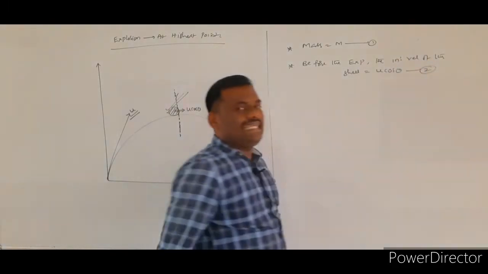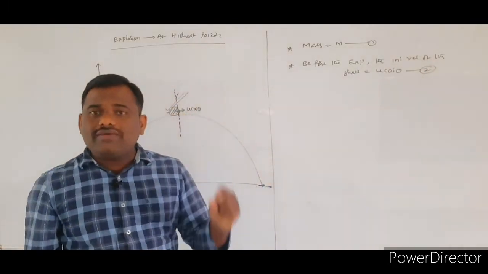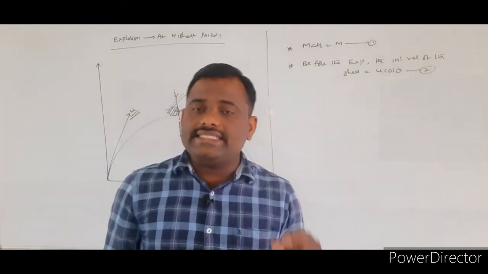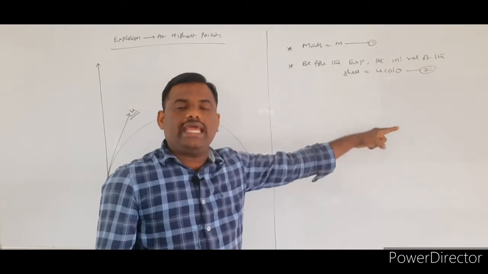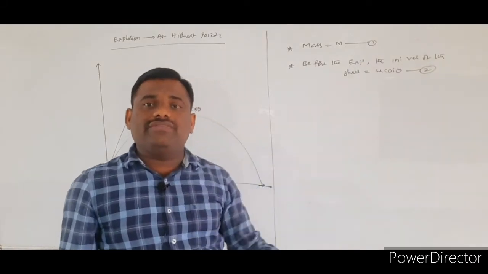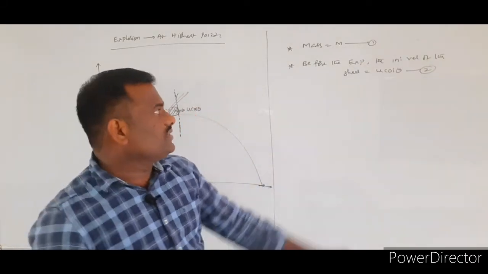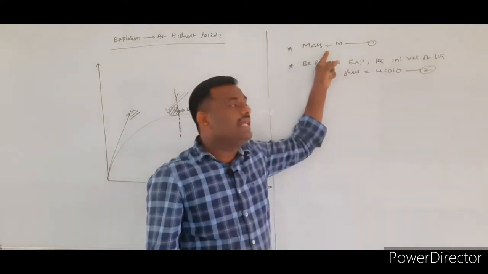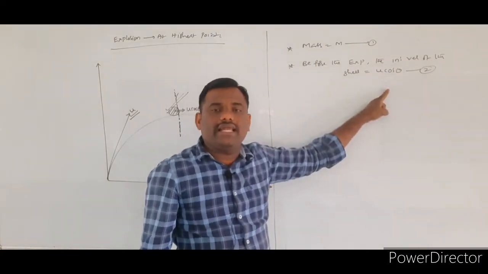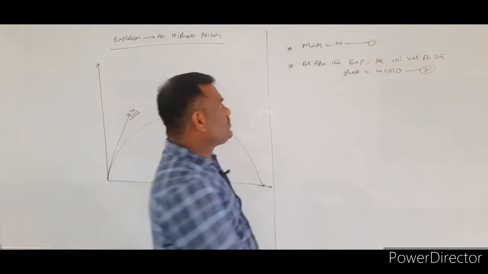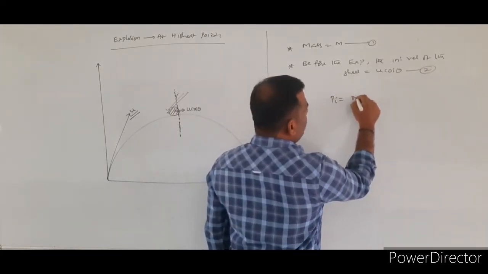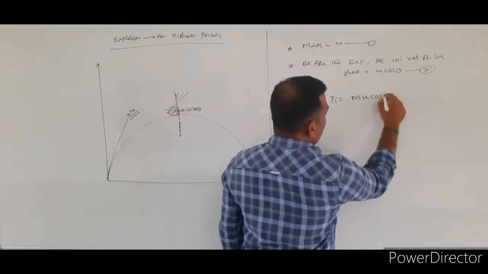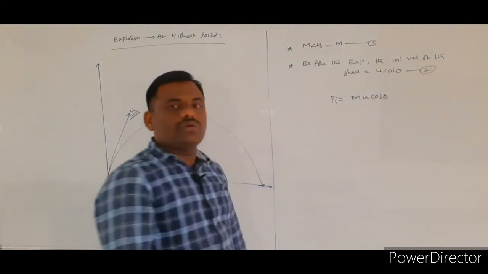Whatever velocity was present just before the collision at the highest point, that only we have to take as the initial velocity of the shell before the explosion. You know the mass of the shell and its velocity just before the explosion, so the initial momentum of the system is equal to M into u cos theta.